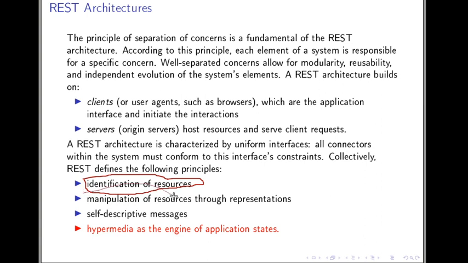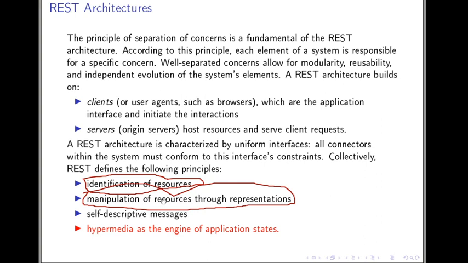Manipulation of resource through representation. This representation can be in the form of, say, JSON or XML. So resources can have some represented form. It can take the form of an HTML page, or it can take the form of JSON or XML. Self-descriptive messages: it must have documentation that describes what verbs are defined for these resources, meaning you can use GET, POST, PUT, PATCH.